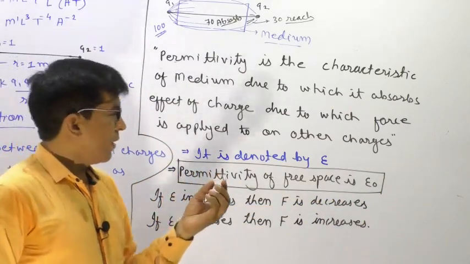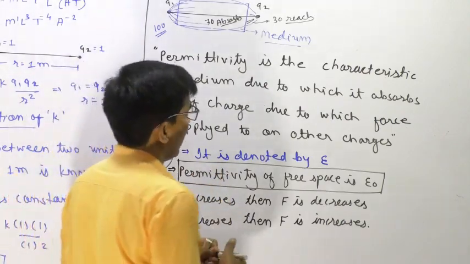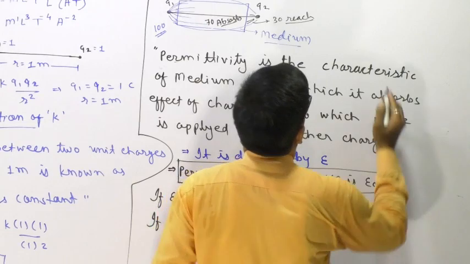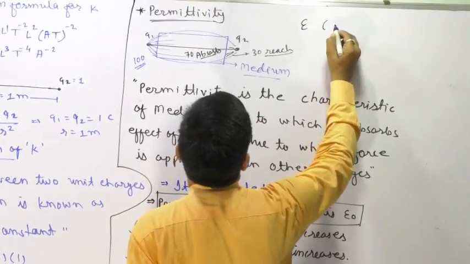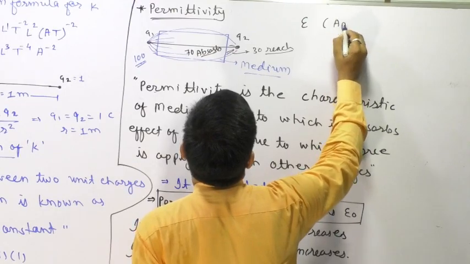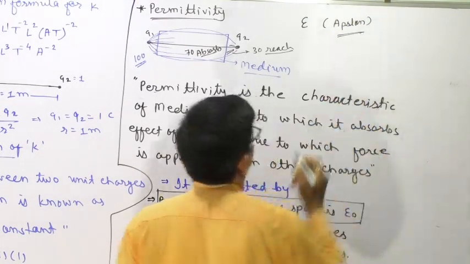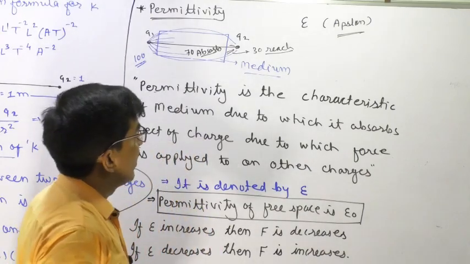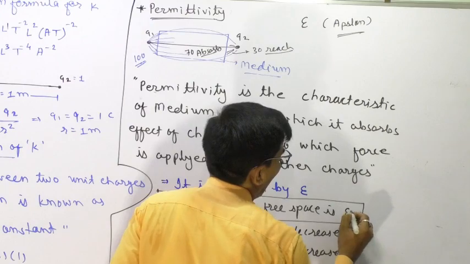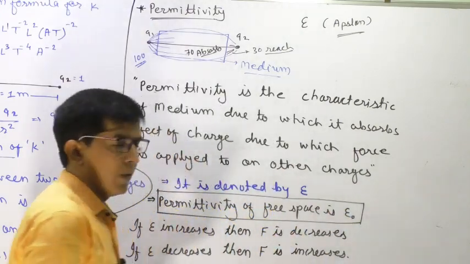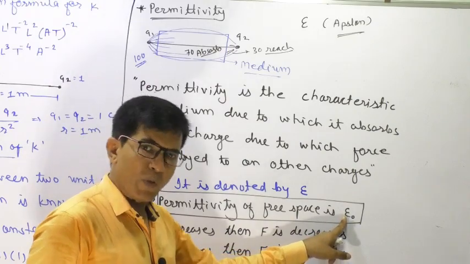First of all, you should understand what is meant by epsilon naught. Epsilon is a Greek letter, and naught means not any effect of the material or medium, not any medium, which is denoted by epsilon naught.